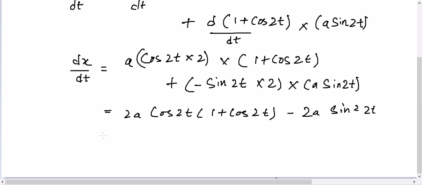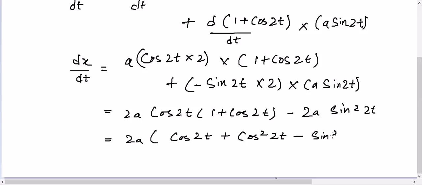Now we can simplify further by taking 2a common, and then it will be cos 2t plus cos square 2t minus sine square 2t.